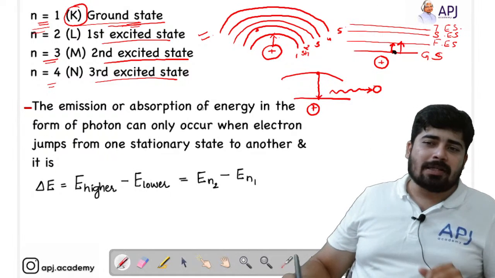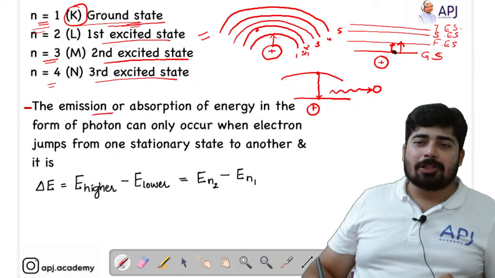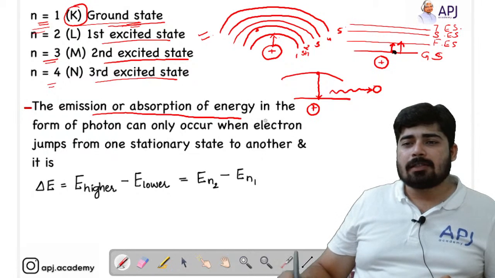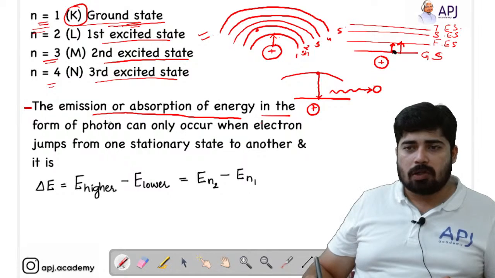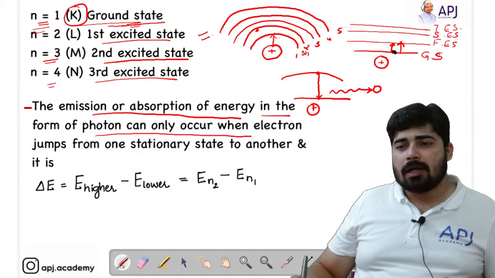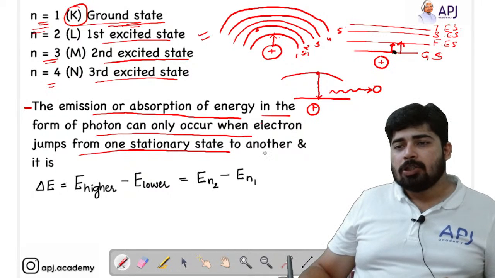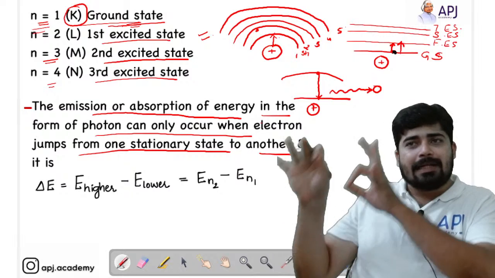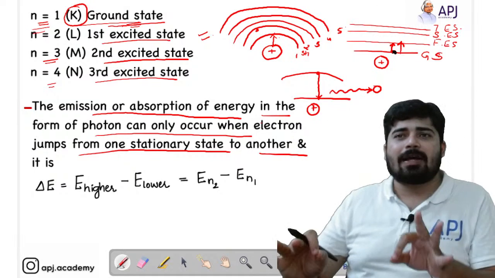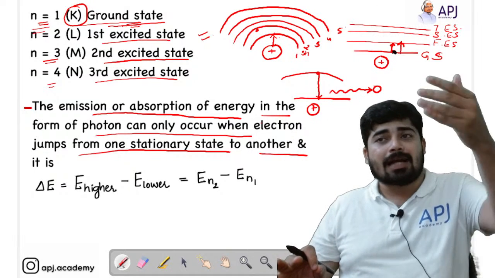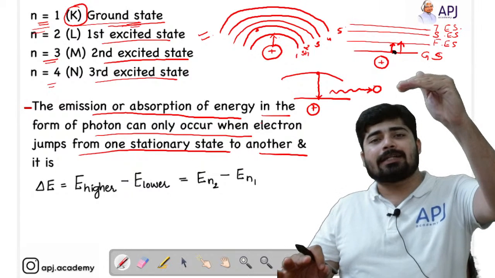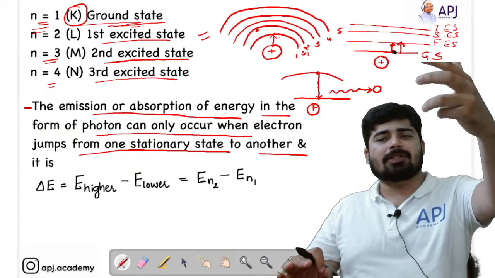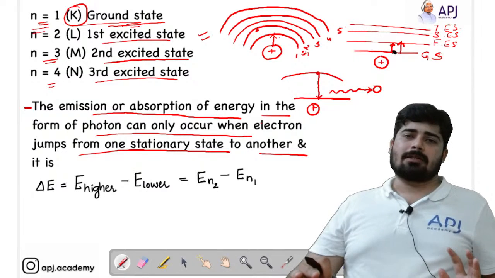So here the point is very clear. The emission or absorption of energy in the form of a photon can only occur when an electron jumps from one stationary state to another. So the electron absorbs or releases energy only when it jumps or comes back from one energy state to the next energy state.